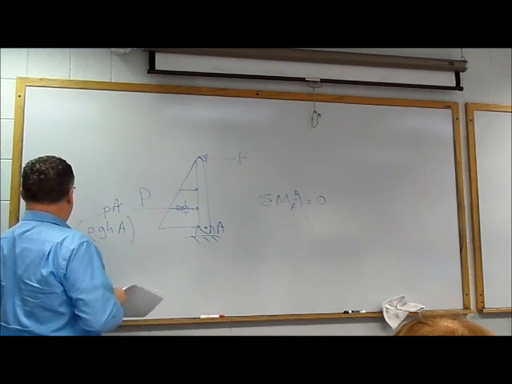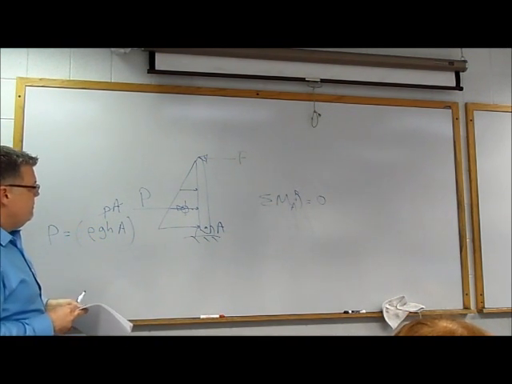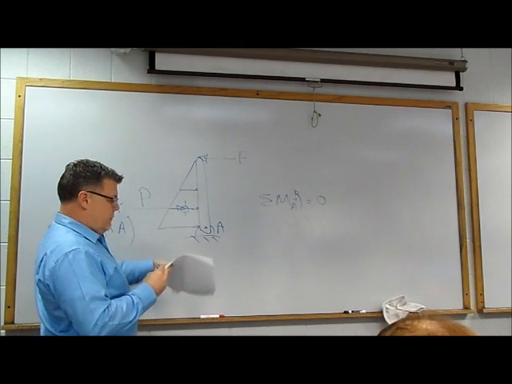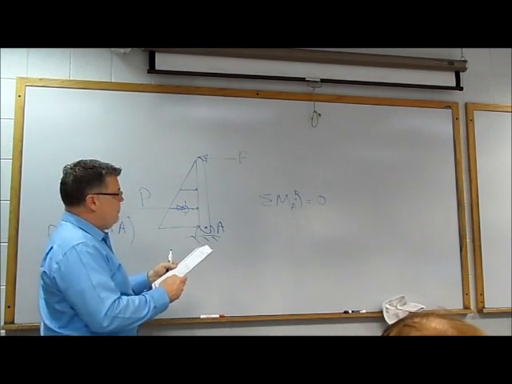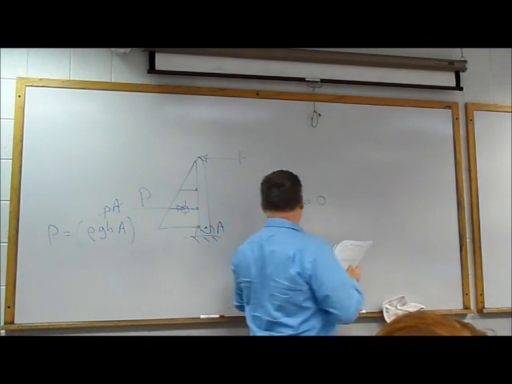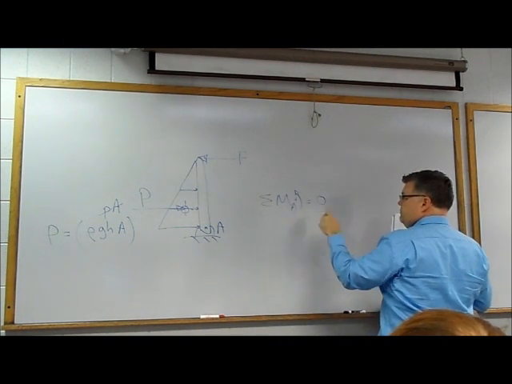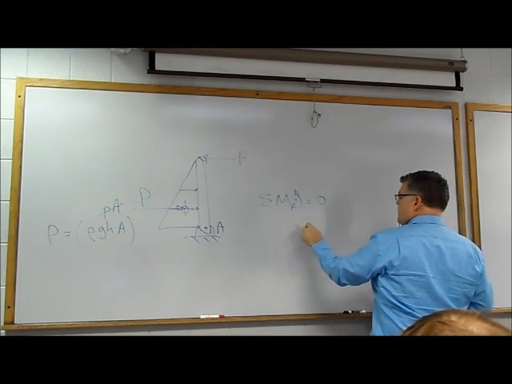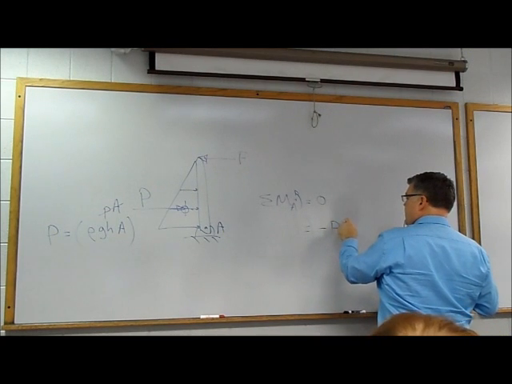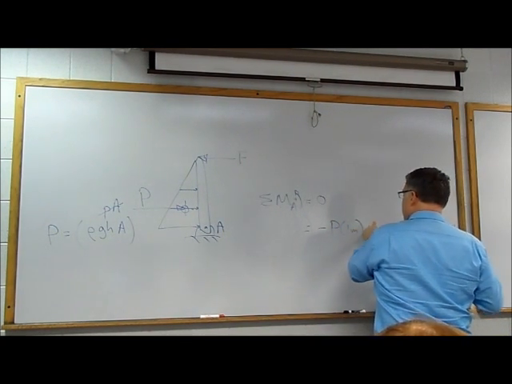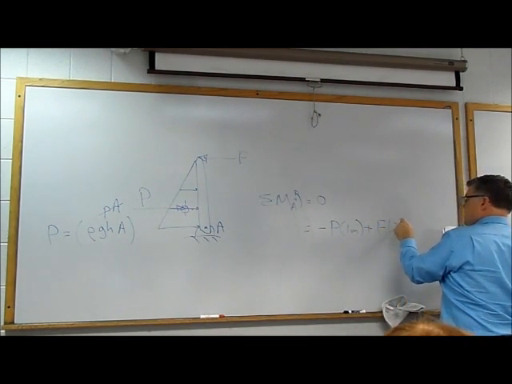Capital P. So this would be 1/3 of the 3 meters, and this would be the full 3 meters. So we've got minus P times 1 plus F times 3.